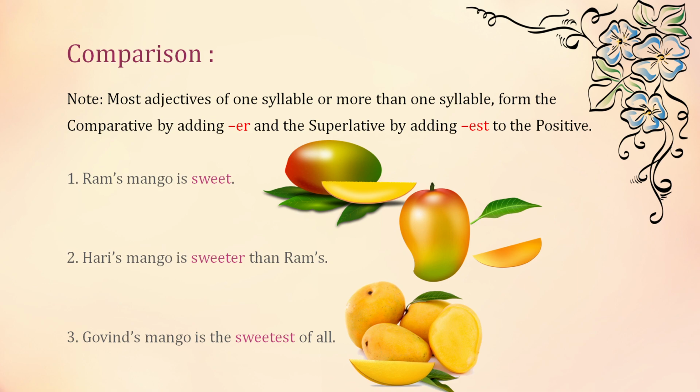In sentence 3, the adjective sweetest tells us that of all these mangoes, Govind's mango has the greatest amount or highest degree of the quality of sweetness. Here we are making a comparison between more than two nouns. We are comparing the mangoes of Ram, Hari and Govind, and then concluding that Govind's mango is the sweetest of all.